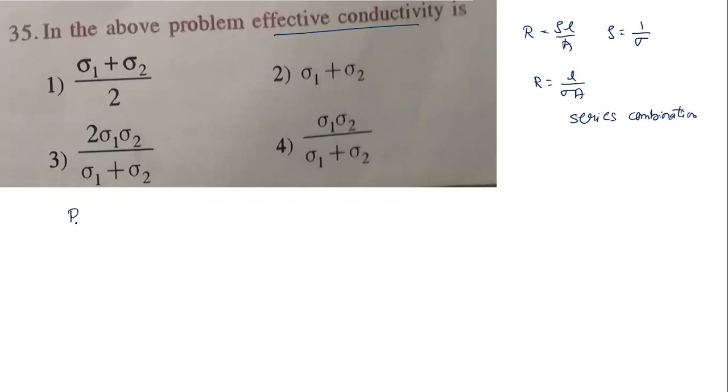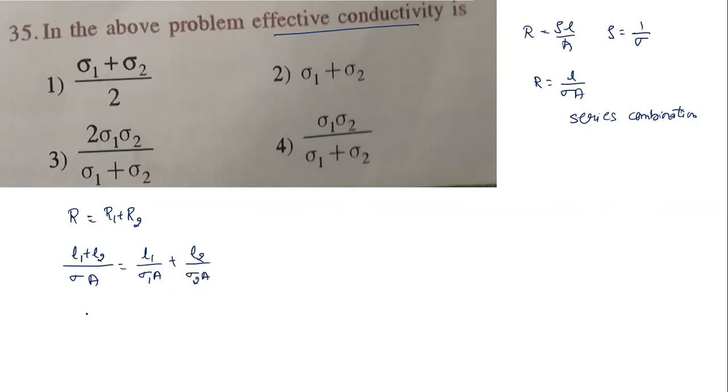So I'm going to use R equal to R1 plus R2. So R is what now? Length, right? Initially, length is L1 plus L2, divided by sigma into area, which is the same, A, is equal to L1 by sigma 1 into A plus L2 by sigma 2 into A.